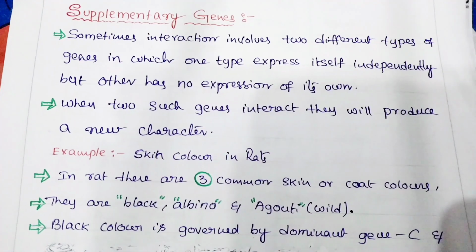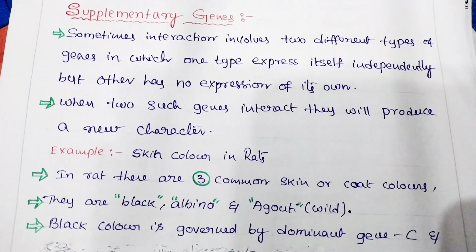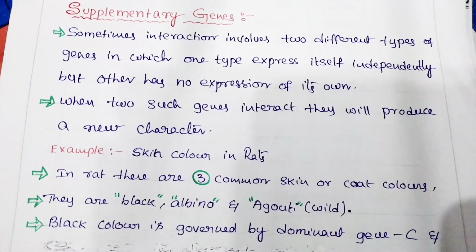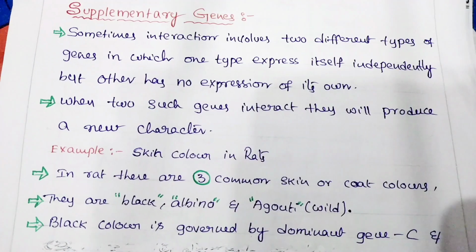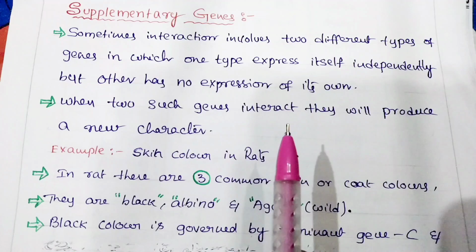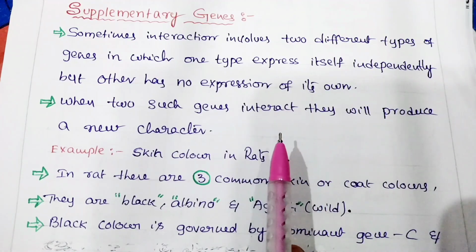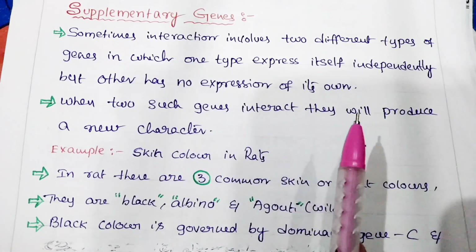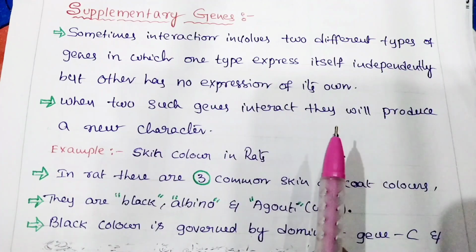So listen carefully. When the two genes interact with each other, they will produce a new phenotype. Among them, one is able to produce independent expression, the other is not.